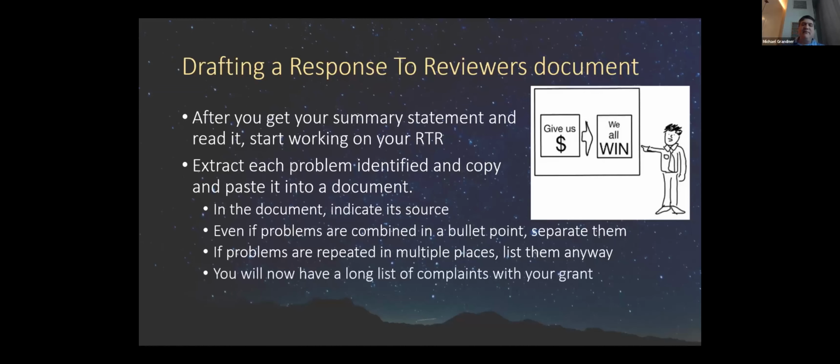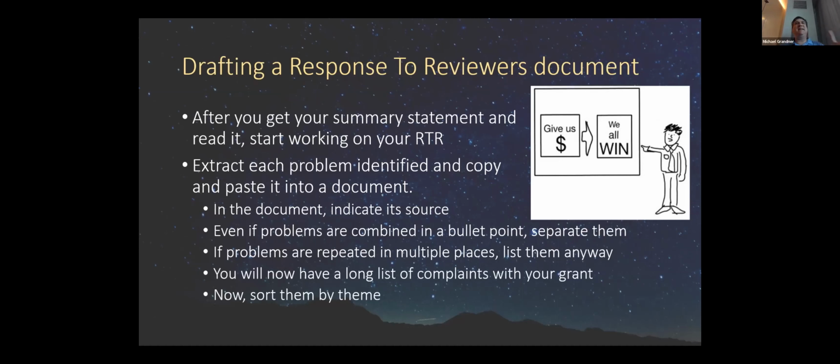So now you're going to have a really long list of complaints with your grant. Now sort them by theme. So put all the stats ones together, put all the measures ones together, or themes may emerge. If there's a certain covariate that a bunch of people harped on, link those together.